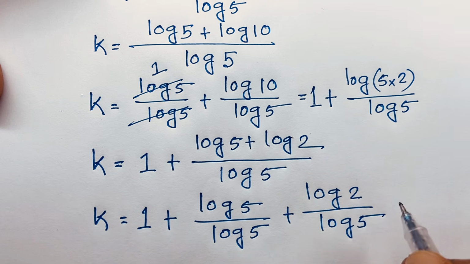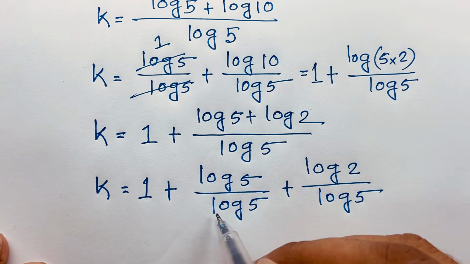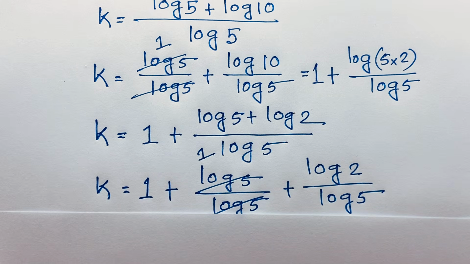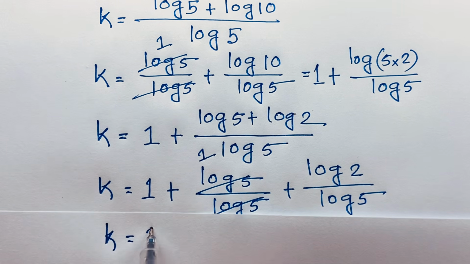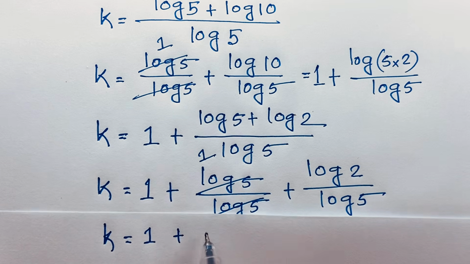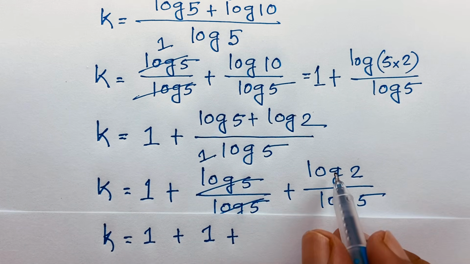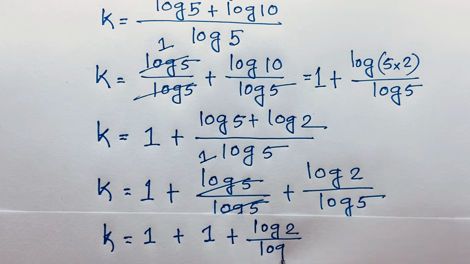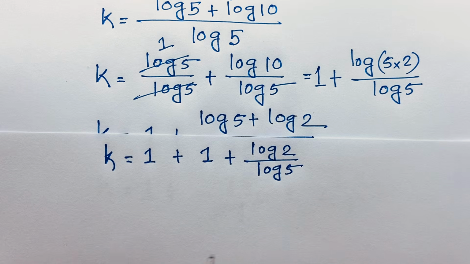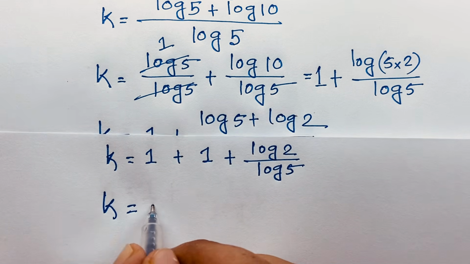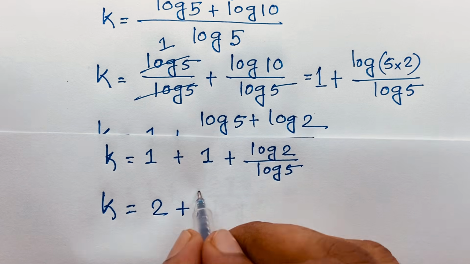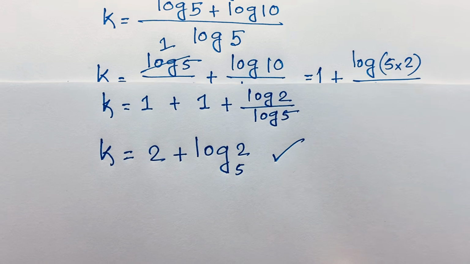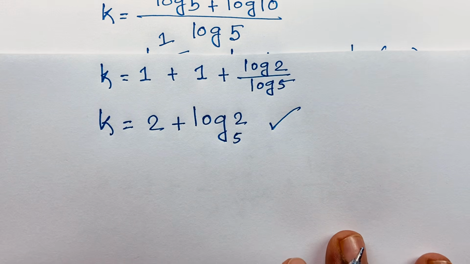Now you can say this cancels, this is 1, so k is equal to 1 plus 1 plus log 2 over log 5. Now this is k, 1 plus 1, this is 2, plus log 2 base 5. This is our final answer in this viral exponential maths problem.